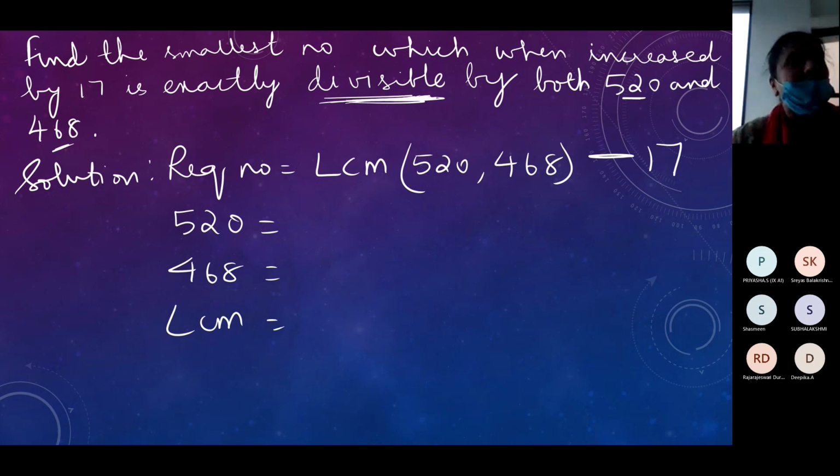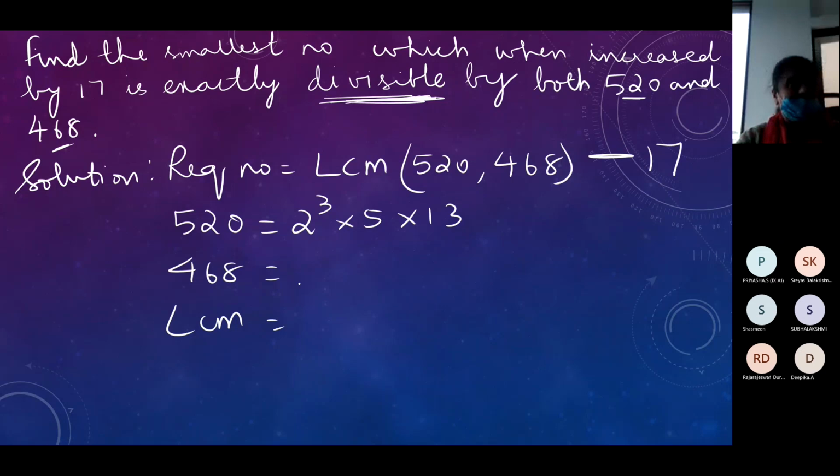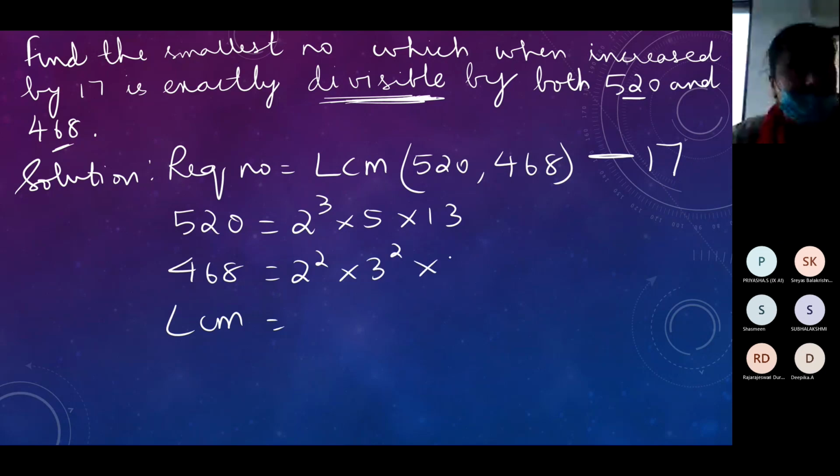Yes, children, 520 is equal to what? And 468 is 2 square into 3 square into 13. Correct? So how do you find the LCM?